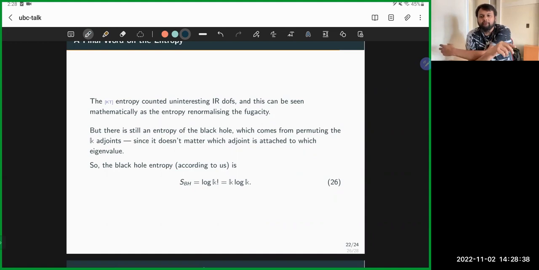And then there is an entropy which is the log of the size of the permutation group, which is K factorial. So we think that the black hole entropy should be considered to be K log K. Okay, this argument is not on terribly good footing, but this is our belief. This is how we think it should be counted.